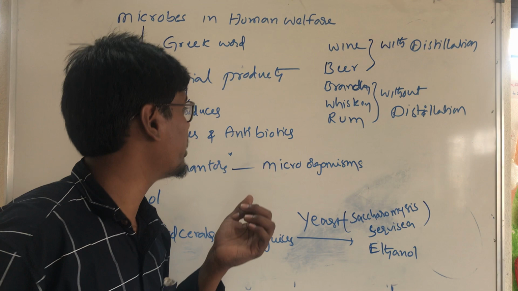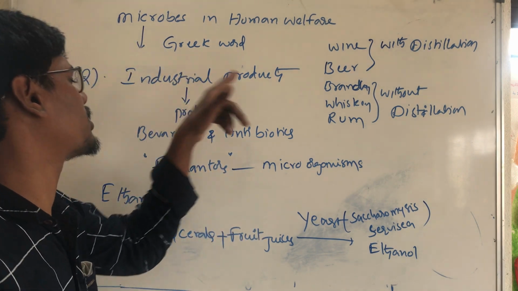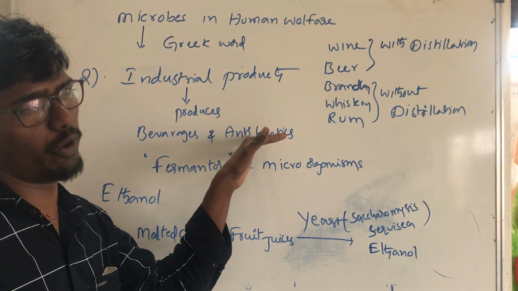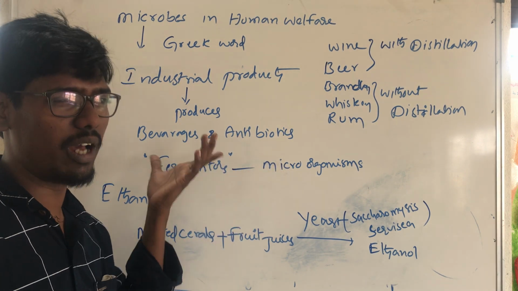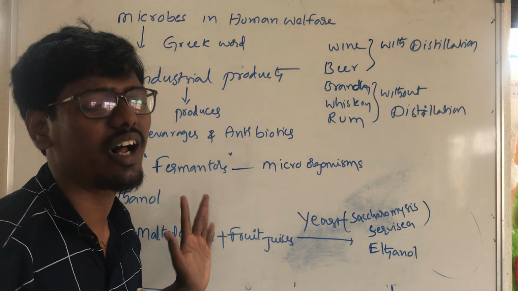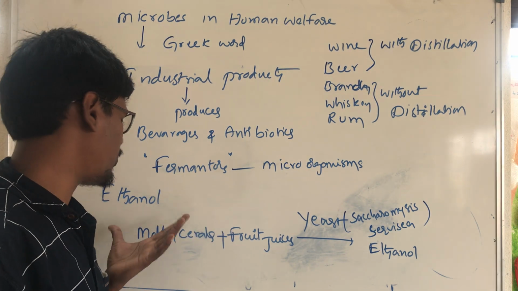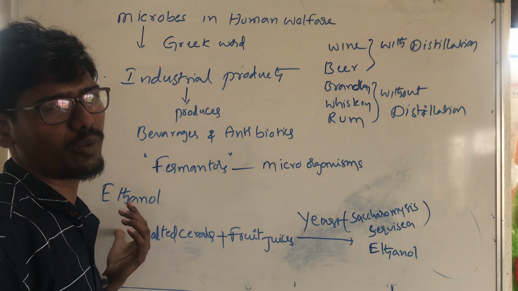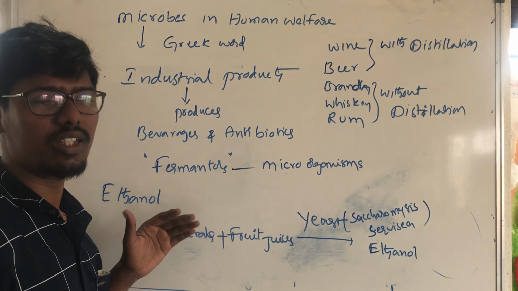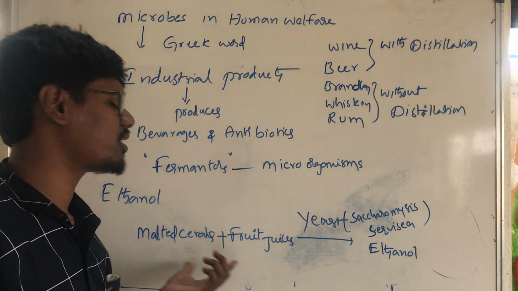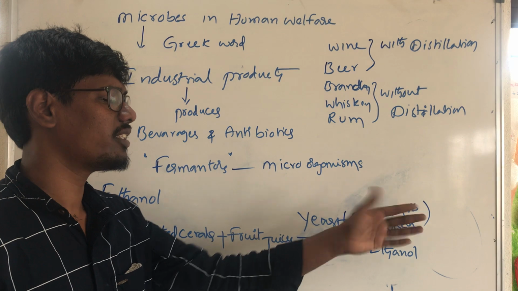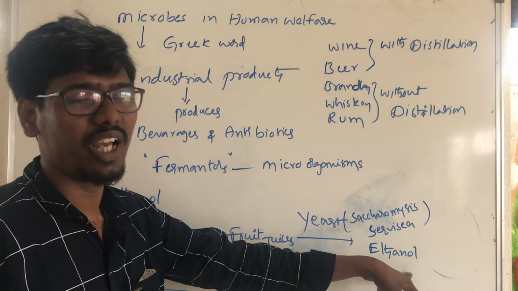Industrial products produce beverages and antibiotics. Beverages means production of alcoholic drinks. The first production is ethanol. The raw materials are malted cereals and fruit juice, to which Saccharomyces cerevisiae is added to produce ethanol.